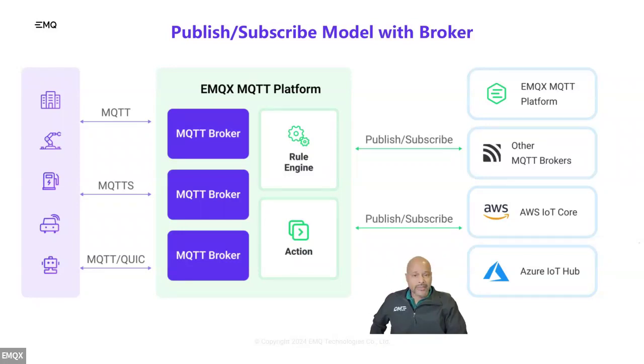That backend system can be other MQTT brokers. It can be a system that you use on your back end with AWS or Google or Azure. But that MQTT broker becomes a key part in connecting your edge data, your edge sensors, to the cloud and to your back end.